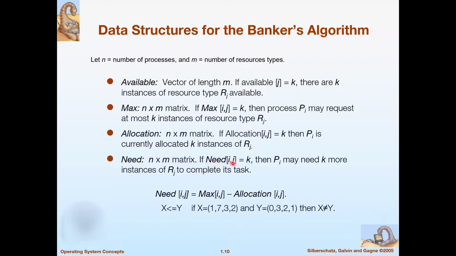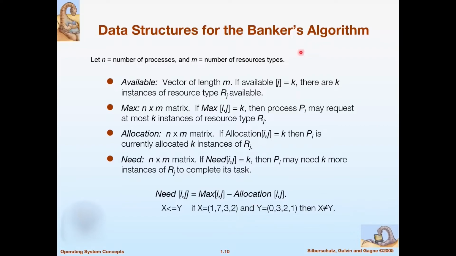If Need[i][j] is equal to k, then process Pi may need k more instances of resource type Rj to complete its task. Remember that Need equals Max minus Allocation, which can be computed from the Max and Allocation matrices, which are given in the example or in the system.